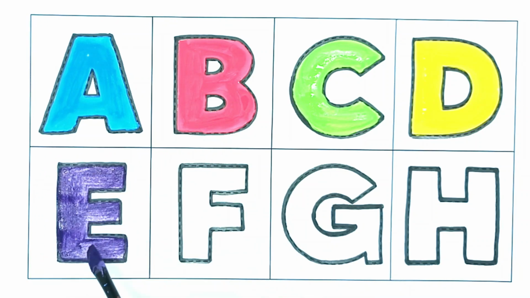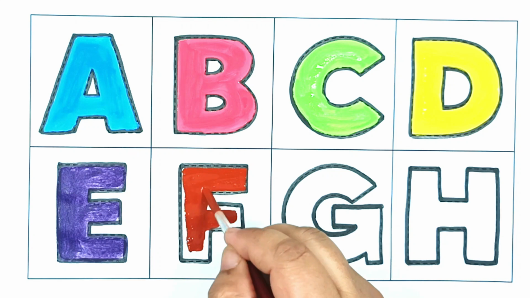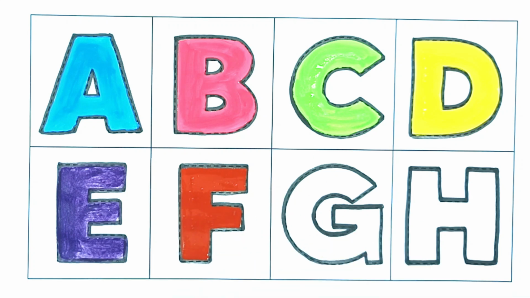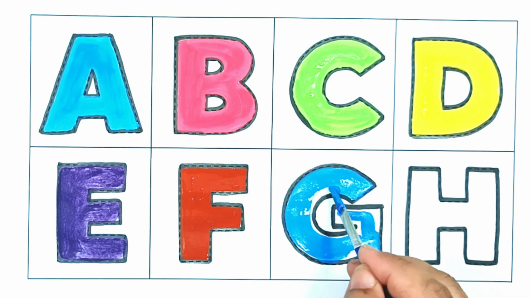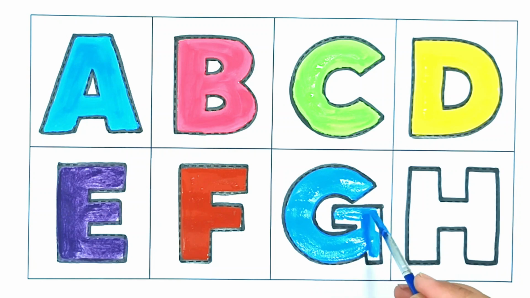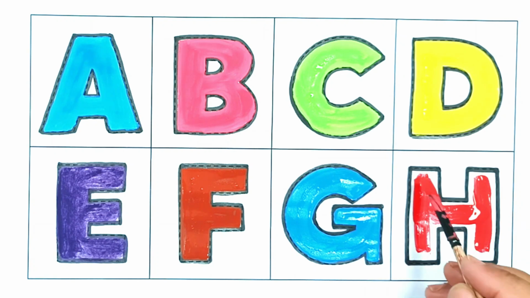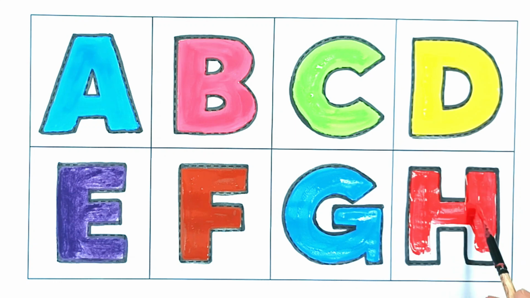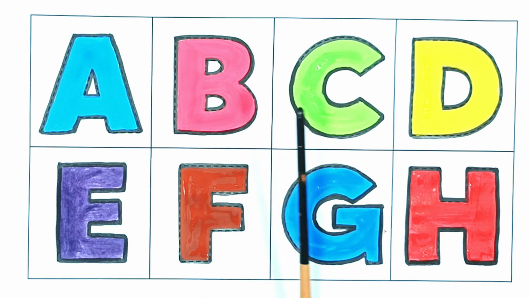E for egg. F for frog. G for glass. H for hat. A, B, C, D, E, F, G, H.